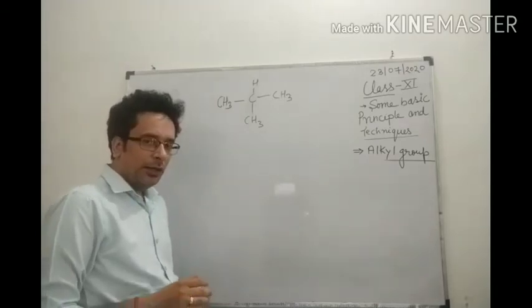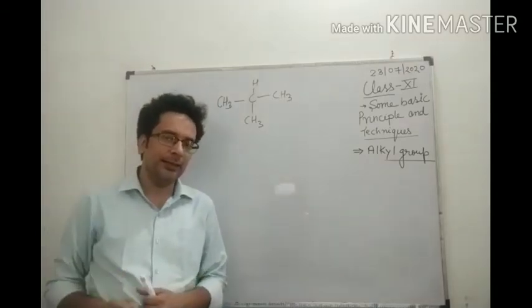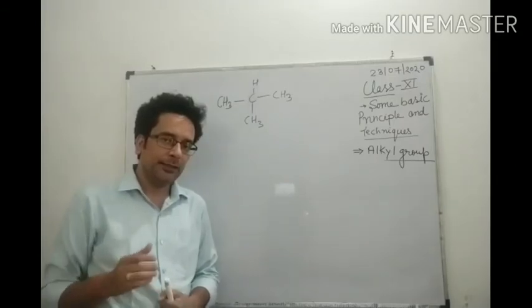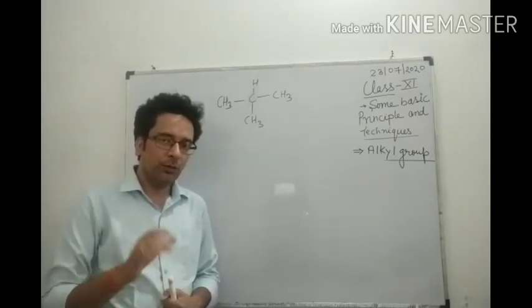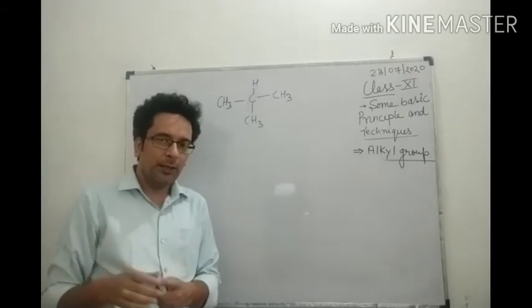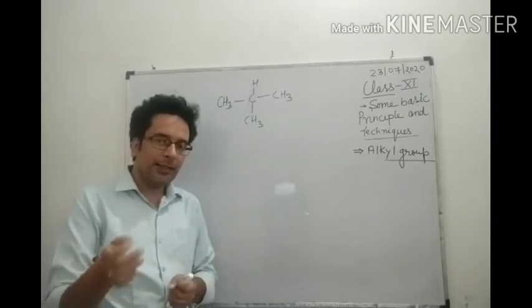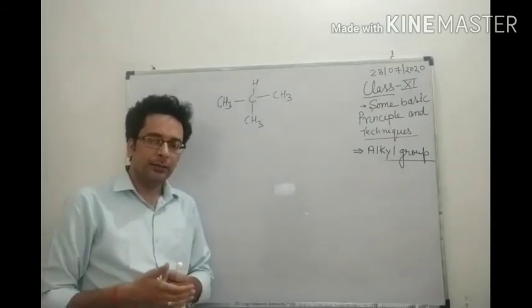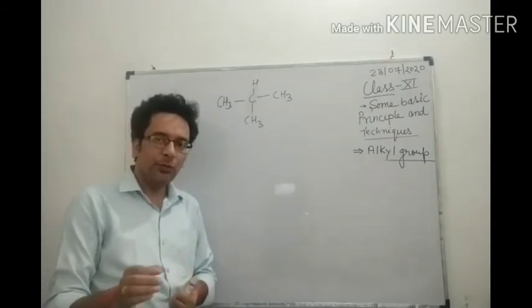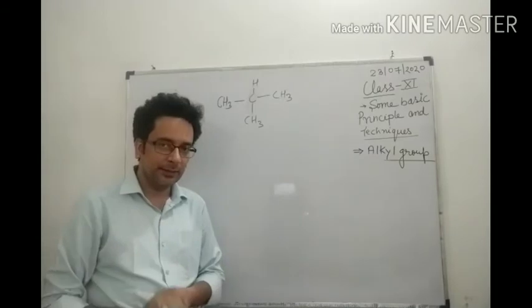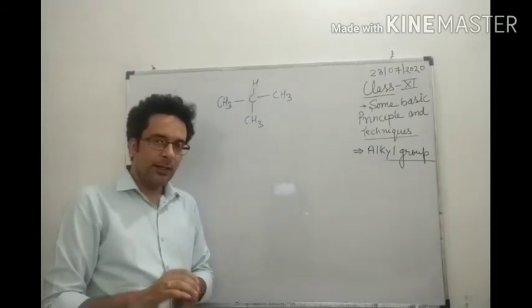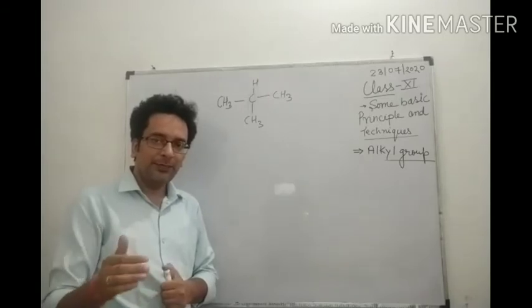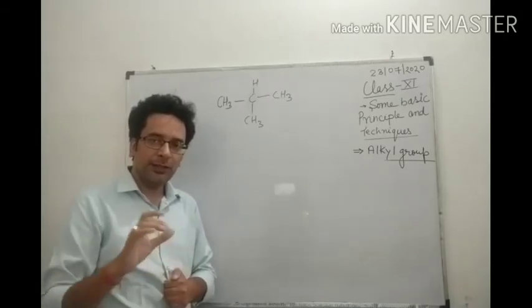Now if I say draw the structure of isobutane, I will explain. When iso comes with butane or pentane, you remove one carbon and draw the structure. It means in isobutane the total number of carbons is 4, we leave 1, meaning 3 carbons.